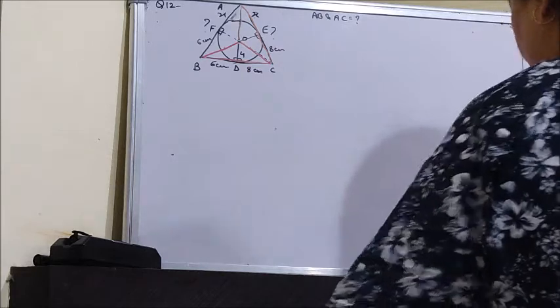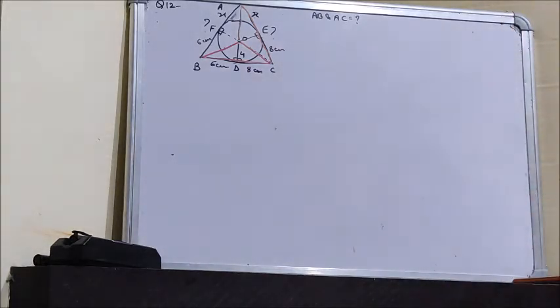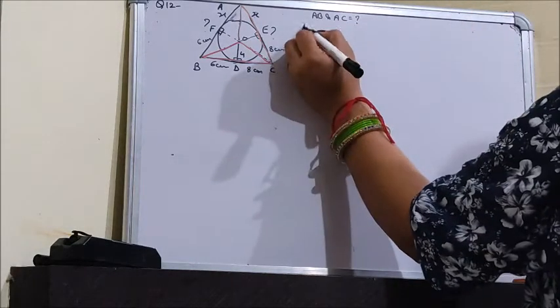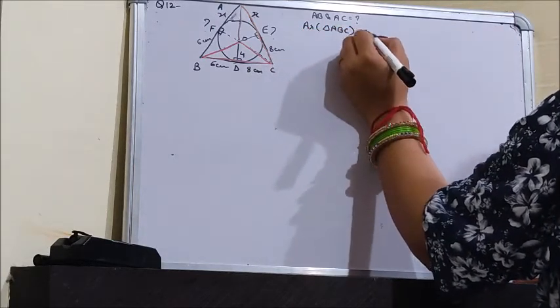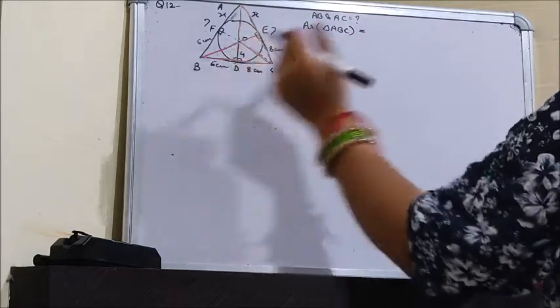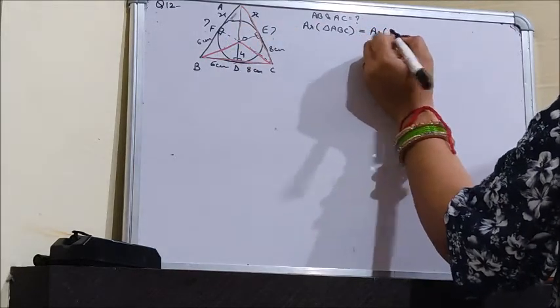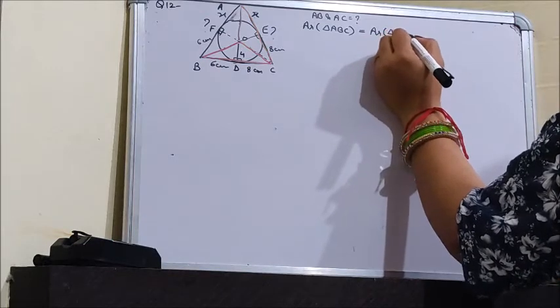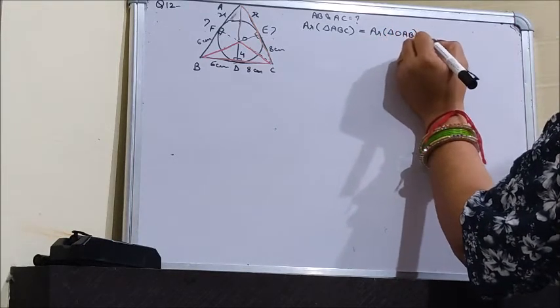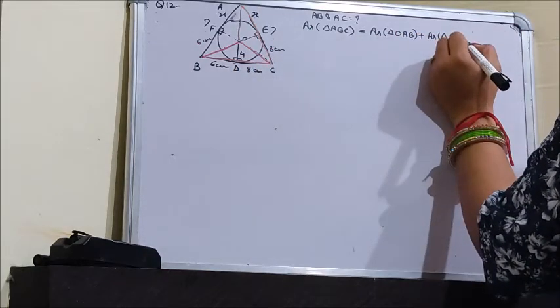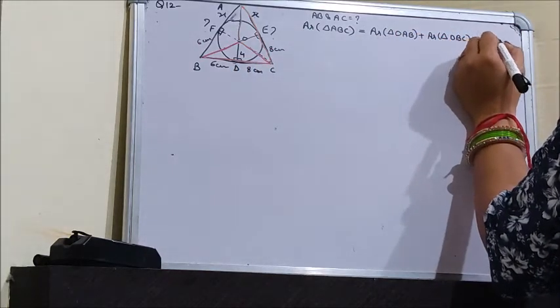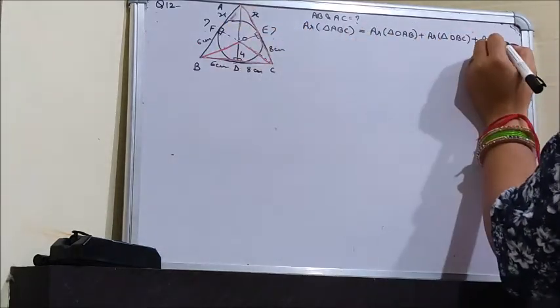Because we don't know X, we have to find it out. So we will use Heron's formula to find the area of triangle ABC. Once we find the area of the whole triangle ABC using Heron's formula, we will equate it with the area of these 3 triangles and solve the equation: area of triangle OAB plus area of triangle OBC plus area of triangle OAC.